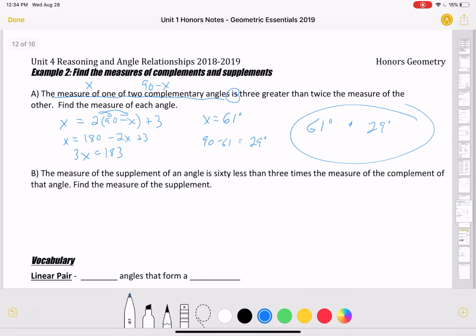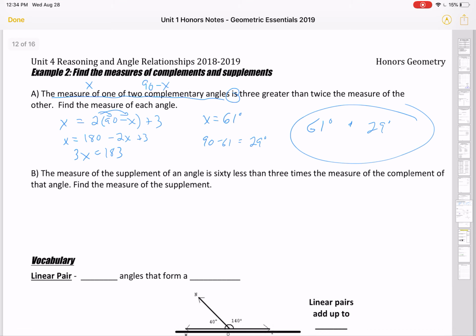All right, so for my next one, I'm going to work through this one maybe a little bit faster just for time. So the measurement of a supplement of an angle, so the supplement of an angle is going to be 180 minus x, is 60 less than 3 times the measure of the complement of that angle. So the complement of the angle is going to be 90 minus x. And then everything here I'm just going to fill in when I write my equation.